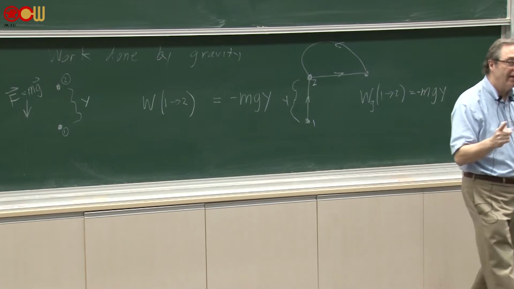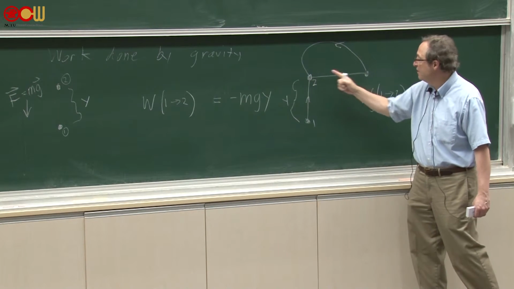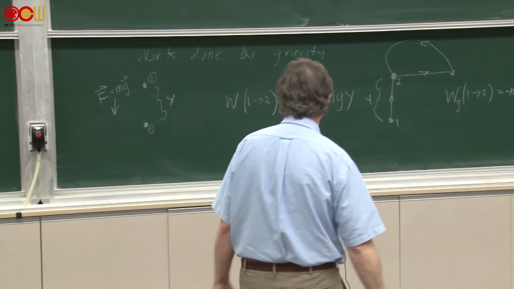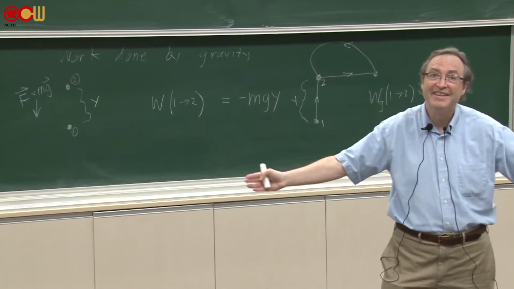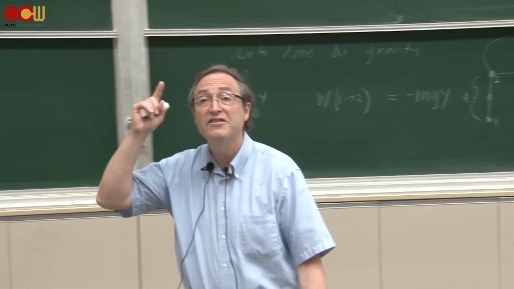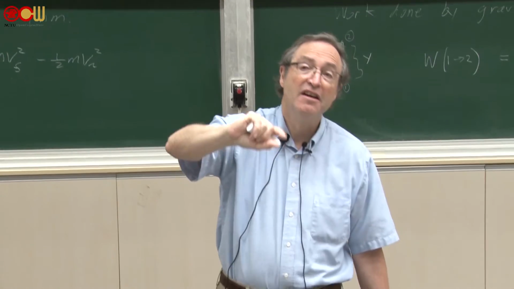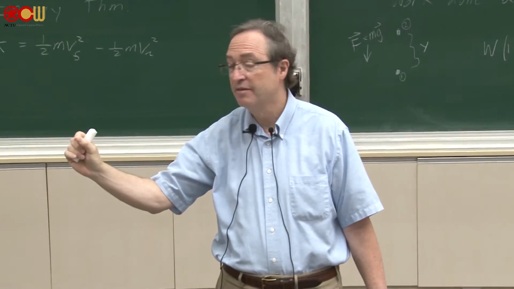Yeah, so why is the work done in going from here to here 0? The height is not changing. So why is that relevant? So the important point is that the force is perpendicular to the direction of motion.